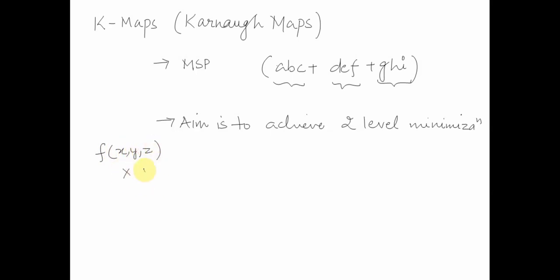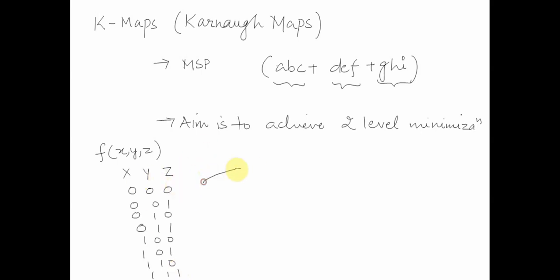What are the possible combinations? 0 0 0, 0 0 1, 0 1 0, 0 1 1, and so on. Let's suppose we have this function, and we have a truth table like this.